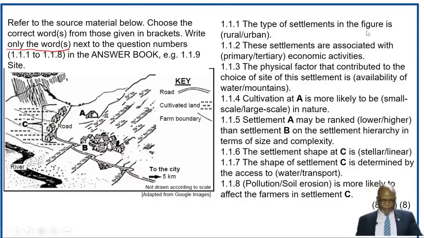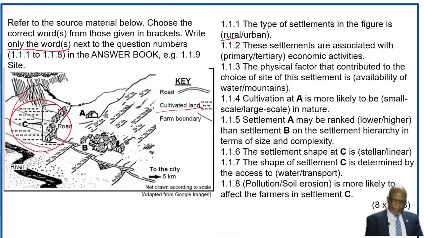It says the type of settlement in the figure is a rural or urban settlement. So this settlement that we see here is a rural settlement. It is very clear. Why do we say it's rural? Because you can see there is cultivated land there, and you can also see the words farm boundary, indicating that there is a farm there.